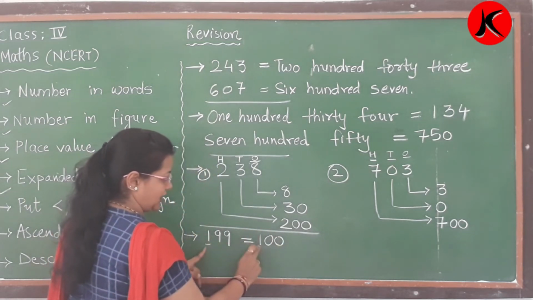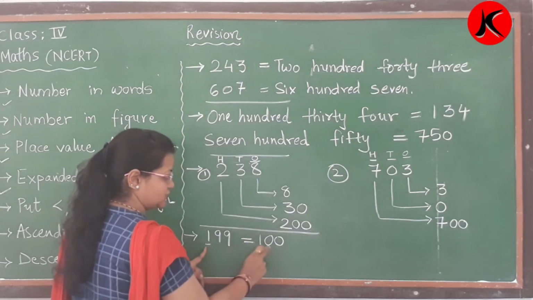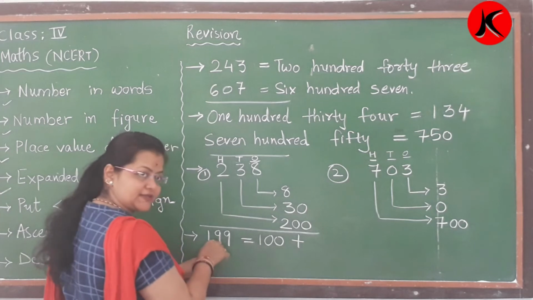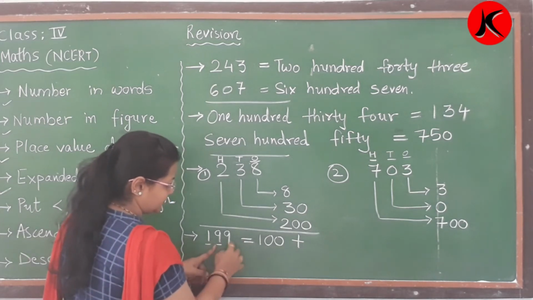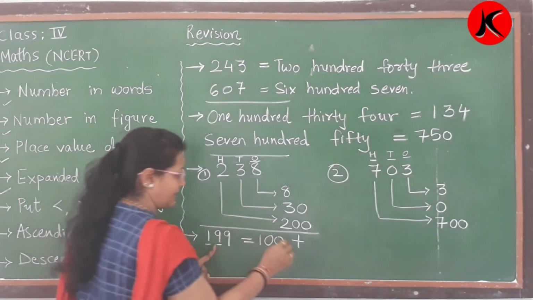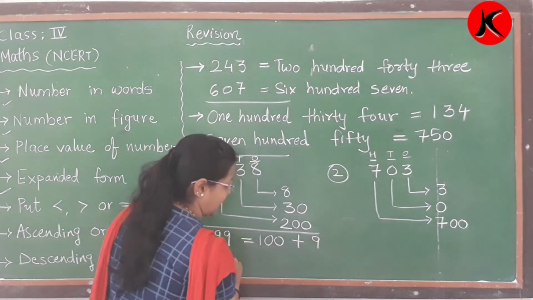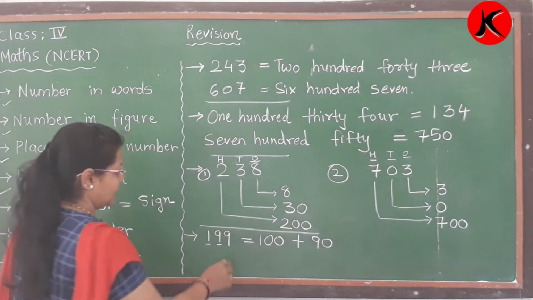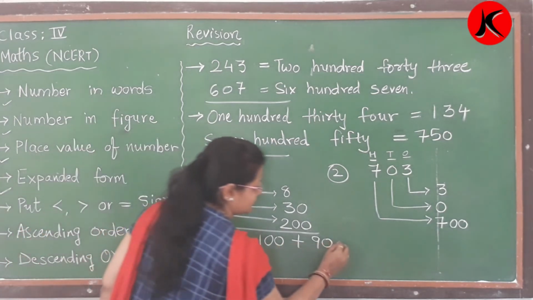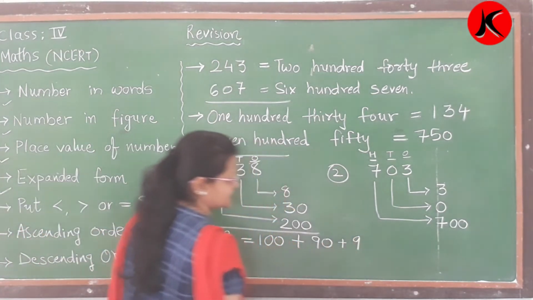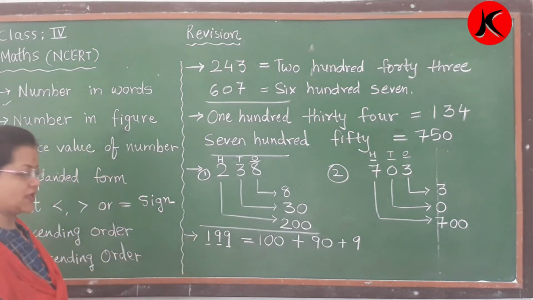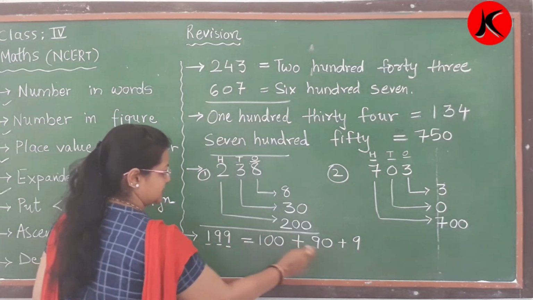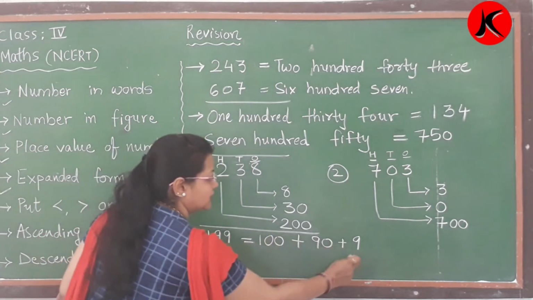The first one is 1 and after it there are 2 digits, so two zeros. Plus 9. Now the next number 9. After that how many digits? Only one. So 9 and we add 0 after it. Okay? And the last one is a single 9. On the ones place, whatever number is there, the value is the same. So here 100 plus 90 plus 9.